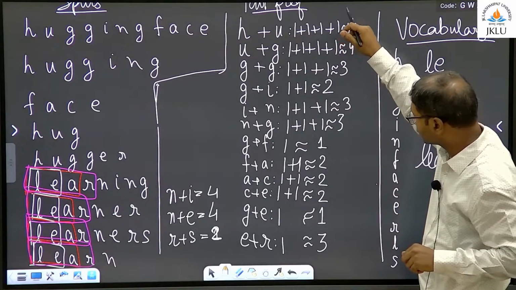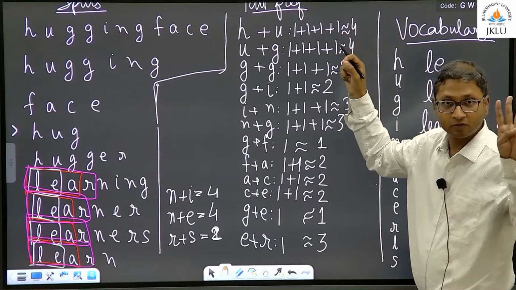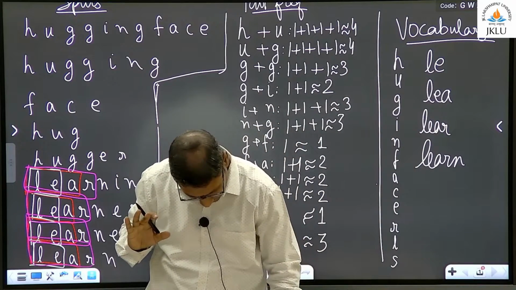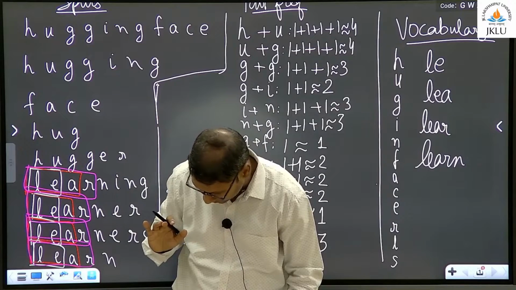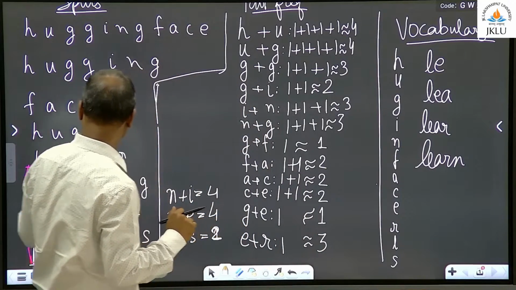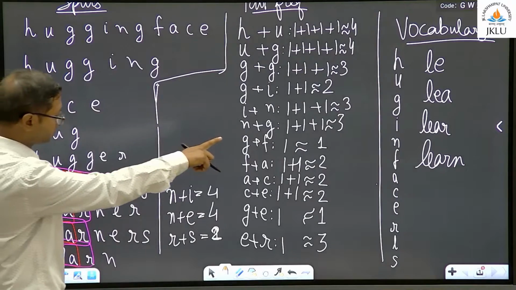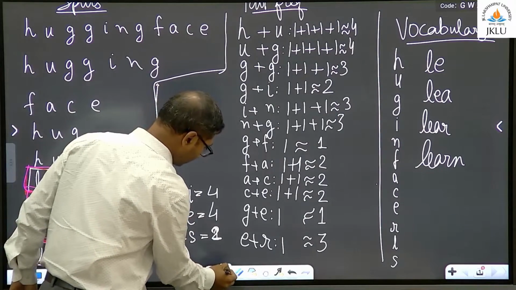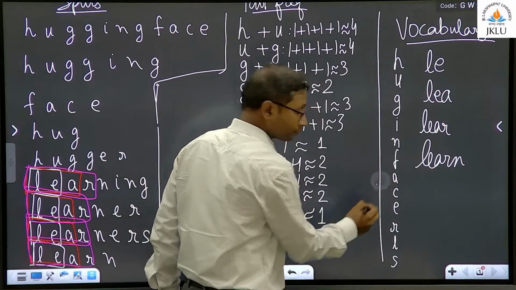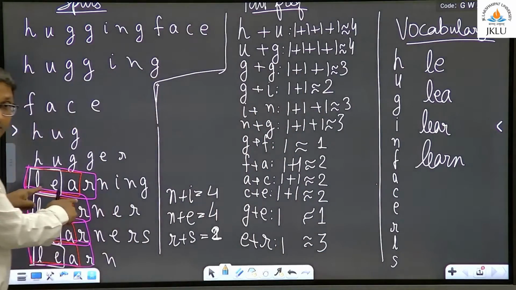So if you start from, I mean, highest is 4. Wait. Here? That I have added there.